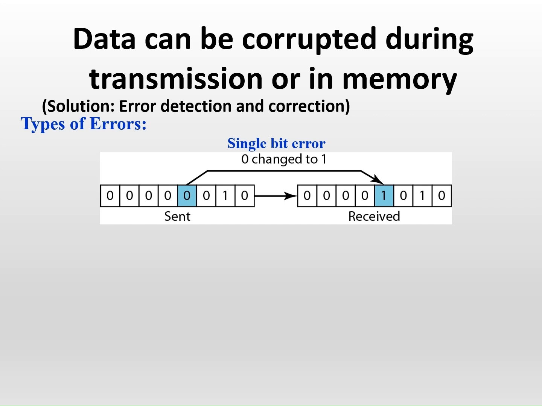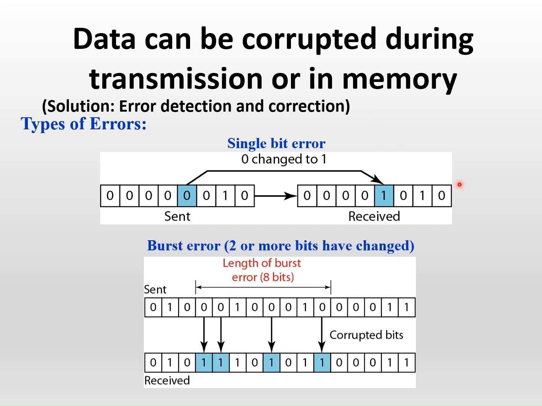The first one is single bit error. As shown in this figure, 8 bits of data is getting sent, and while transmitting it got corrupted and 1 bit is altered, and that is what is called single bit error. And the chance of single bit error is more than the other kind of error, which is called burst error, where multiple bits have changed and those multiple bits need not be consecutive.